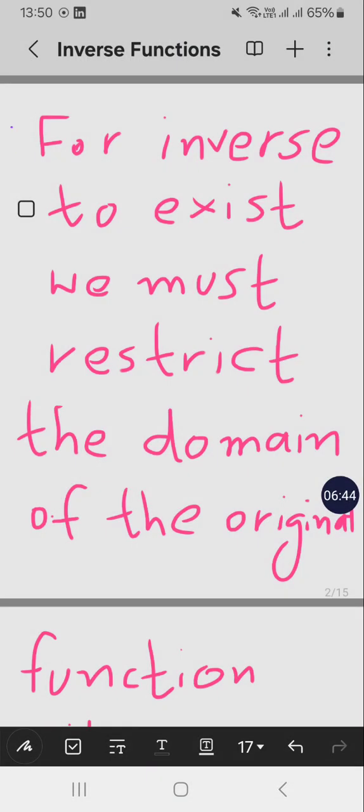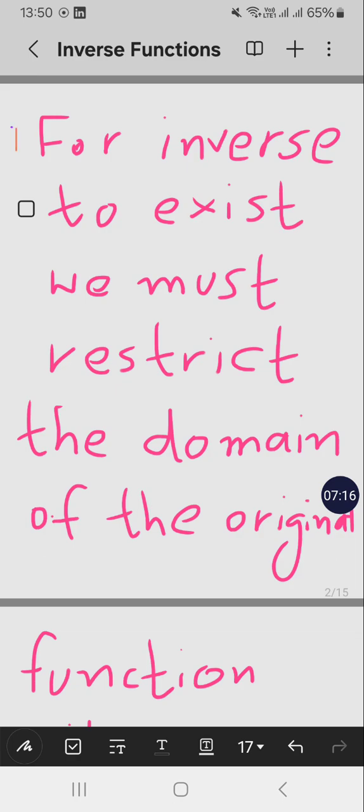we must, for an inverse to exist, restrict the domain of the original function, because currently the domain is basically x, the input, the values which you can give as an input to the original function. So for an inverse to exist, we must restrict the values of x, because currently the values of x can be positive or they can be negative.